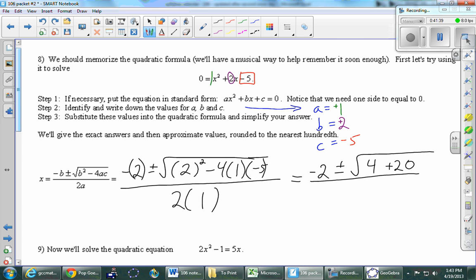On the bottom, 2 times 1, 2. -2 plus or minus square root of 24, divide by 2. Any questions so far?